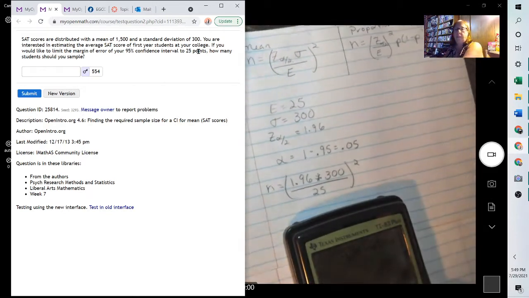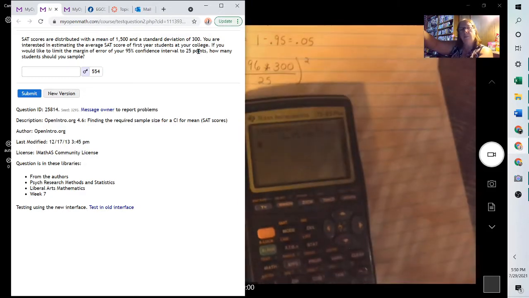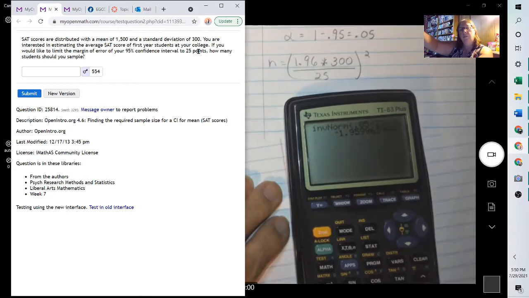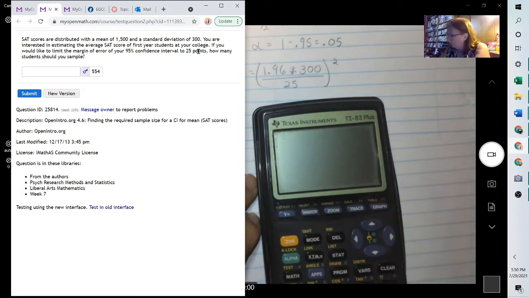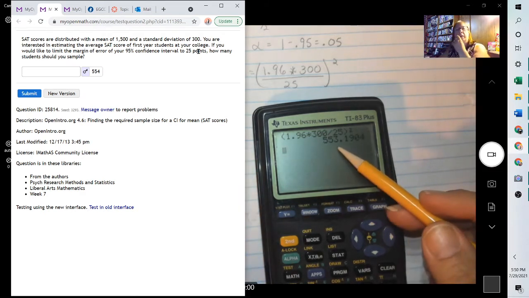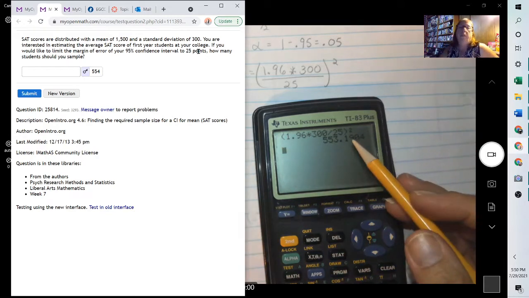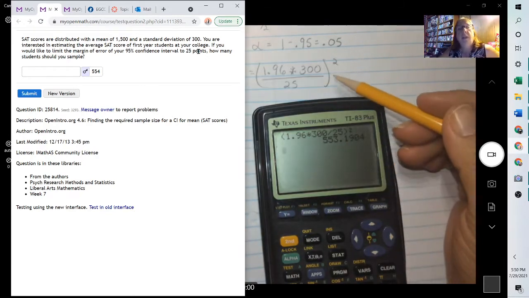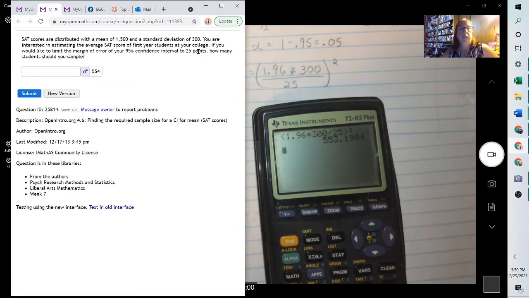If we put that into the calculator, there we go: 1.96 times 300 divided by 25, squared, and you get 553.19. You always round up no matter what your decimal is, or you won't be within the margin that you want. So it's 554.